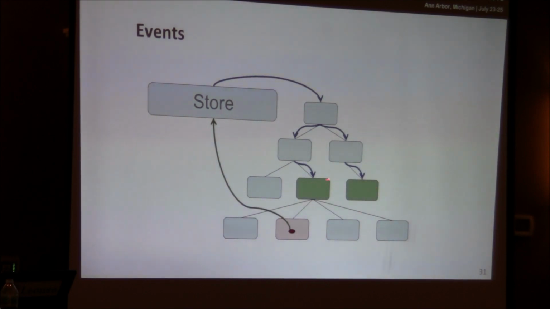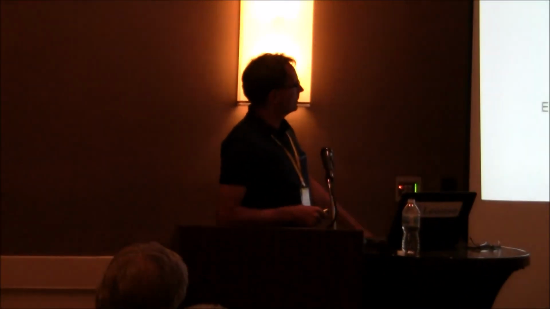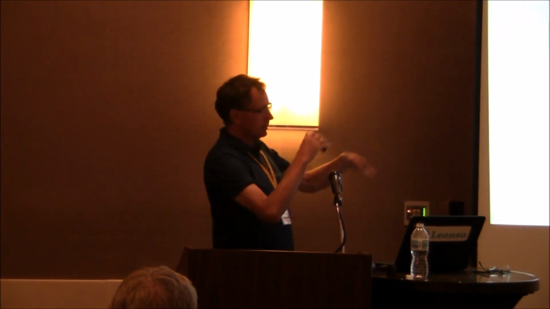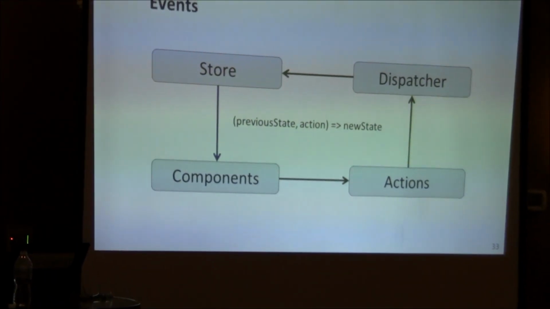And here I have the reduced list, and I have here the reduced number of persons. So, speaking in general, the data flows from top to down, and the events go from the bottom to the top. And there is also a tool for this, and this works this way.